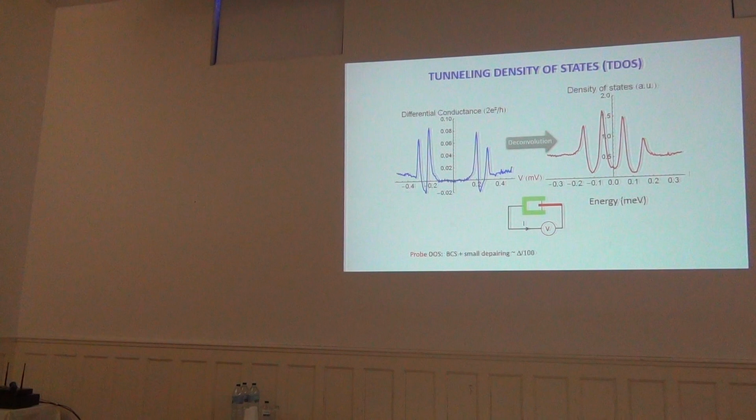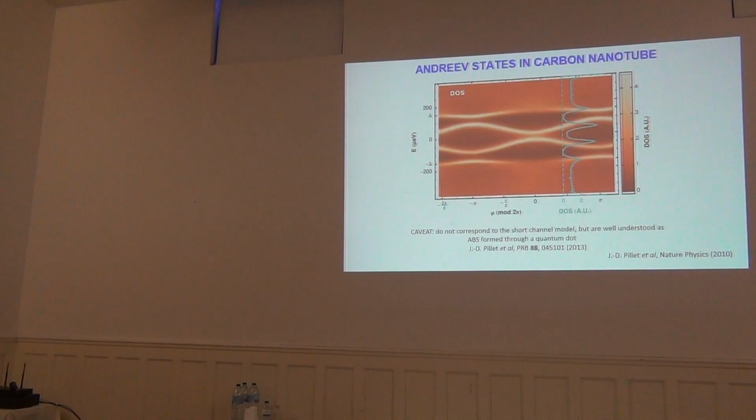In this case, it's just a detail, but it's important. And what one obtains is this. This is the phase difference, this is the energy, the voltage converted into energy.